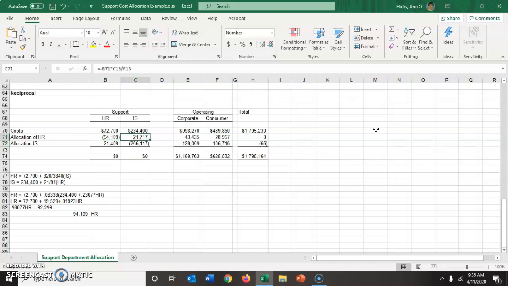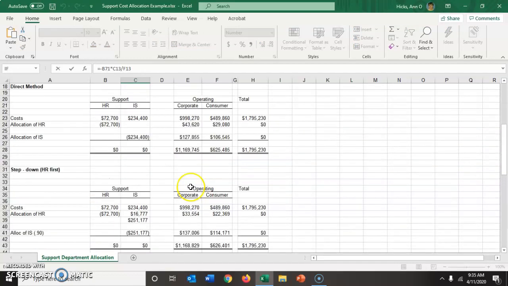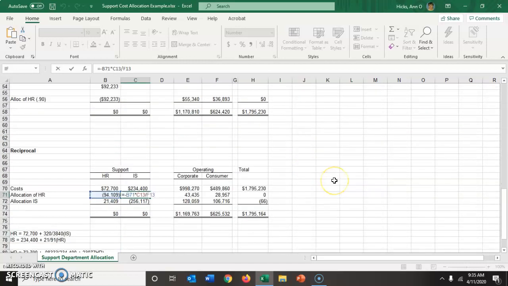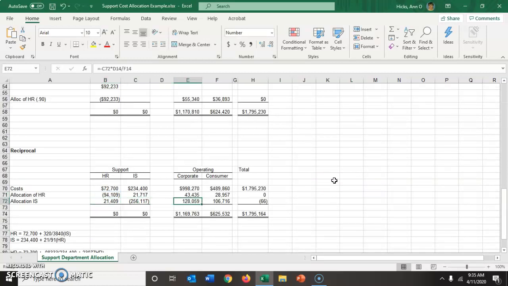Then we pretty much, the 21,717, 43,435, 28,957, all of that is the same calculation we've used before, which is the number of employees in IS divided by the grand total. And then we will do the same thing here with allocating the 256,117. You'll notice I have a slight rounding error. Just ignore that for right now.